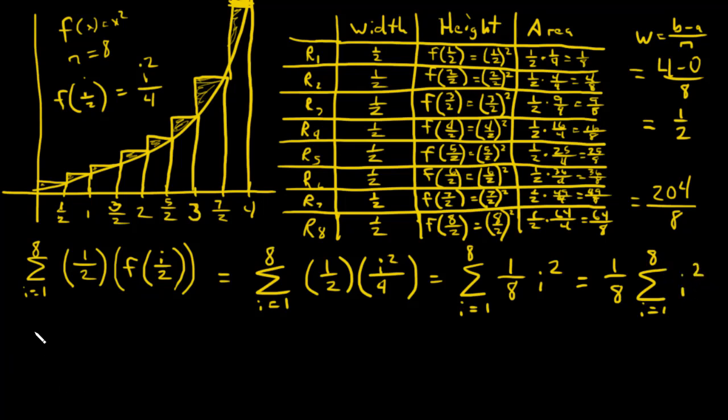Now I know the formula for that, so this becomes 1/8 times n, which is 8, 8 times n plus 1, 9, times 2n plus 1, 17 over 6.